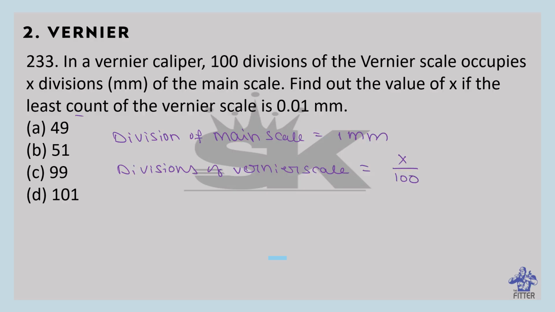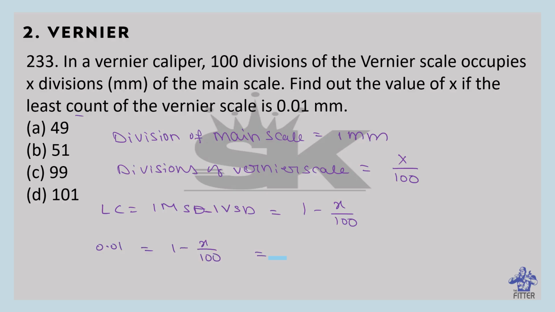So least count equals 1 MSD minus 1 VSD. So here, 1 minus x by 100, right? The least count given here is 0.01, so 0.01 equals 1 minus x by 100.